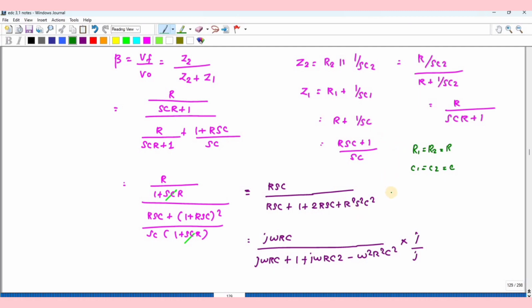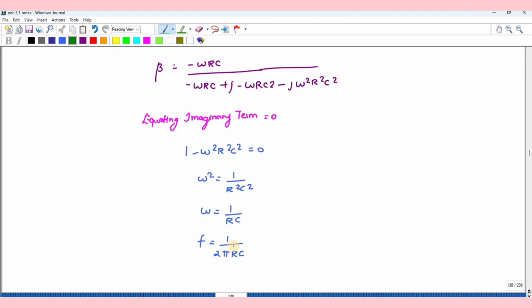Now substitute s equal to j omega here. Next you have to multiply j and j to the numerator and the denominator, and j square is nothing but minus 1.